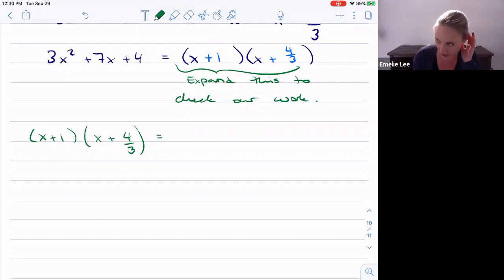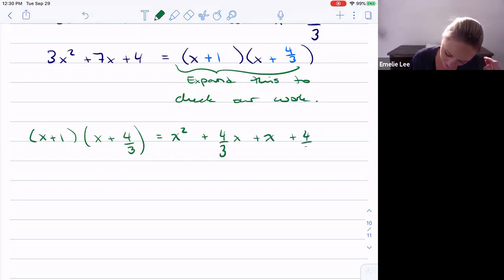I've got x squared, x times x is x squared. x times 4/3, so plus 4/3x. Usually I like to have my x on the right-hand side. 4/3x plus x plus 4/3.